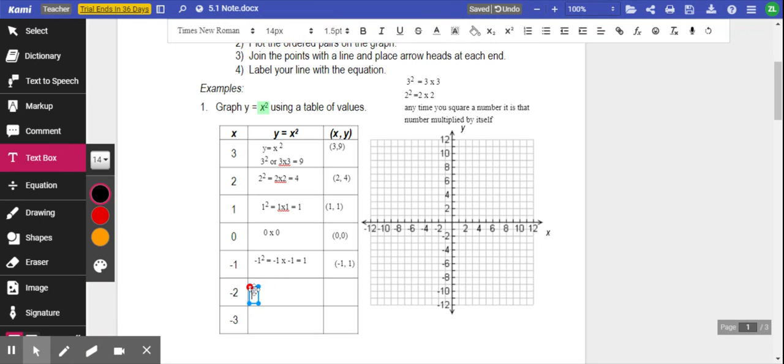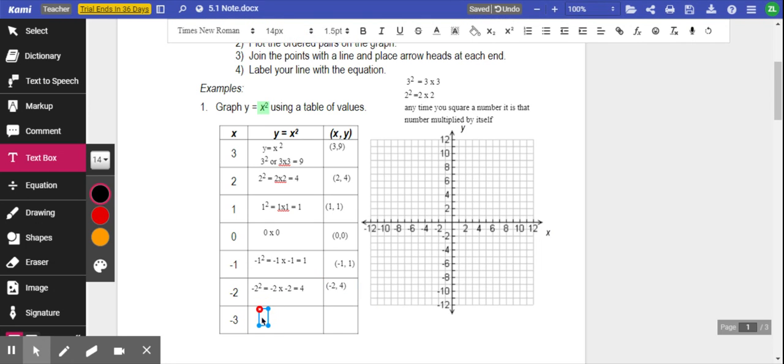Now, we're going to do the same thing with the values here. So negative 2 squared, or you want to look at it as negative 2 times negative 2. Two negative numbers once again giving us a positive, or positive 4. So it would be negative 2 and positive 4 being our coordinates.